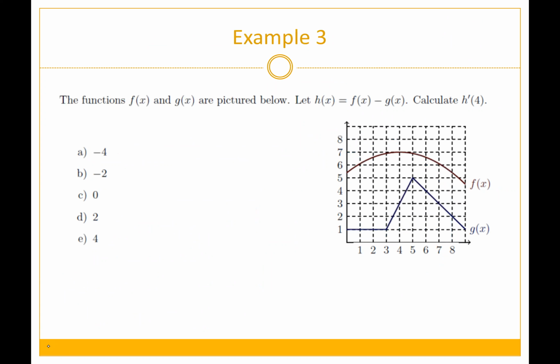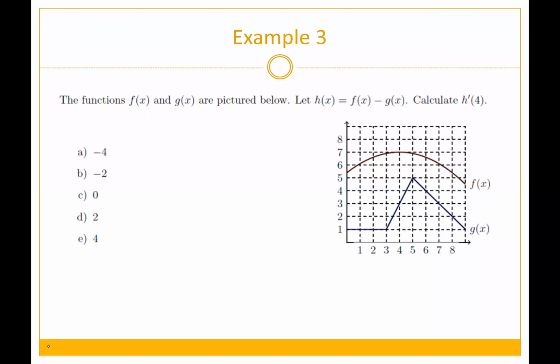Now it's example 3. I've seen this one in Dr. Cash's previous quiz questions in the previous semester, so I think it's a very good one to try out. We have the functions f(x) and g(x) pictured as that. Let h(x) equal f(x) minus g(x).